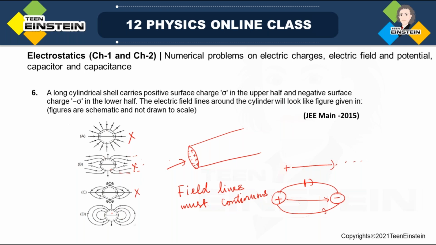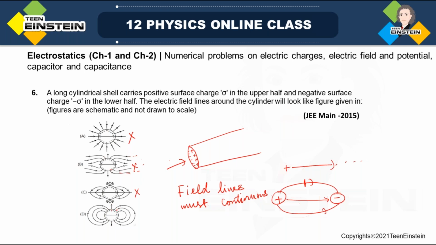See, option D is the most appropriate in this case, because the field lines are emanating from positive charges, they are meeting at the negative charges, and there is no discontinuity. Also see at the negative charges, the field lines are entering here, and here it is emanating.